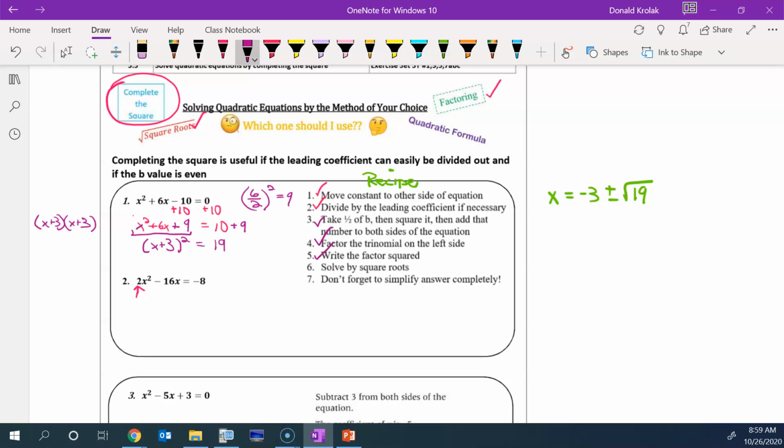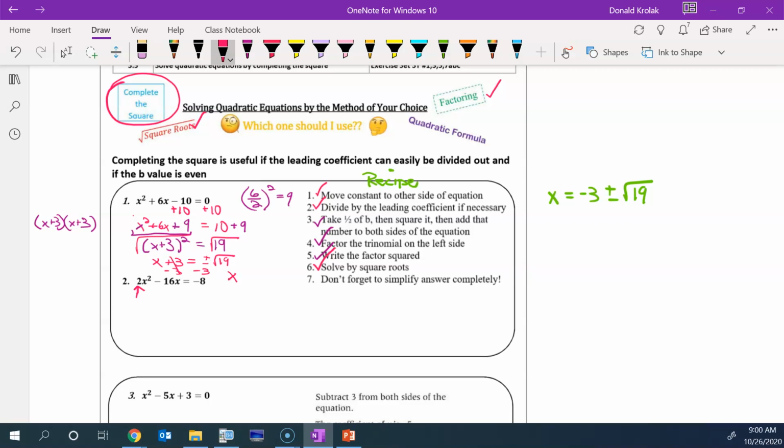Now let's take the square root. When you write the square root sign, there are two of them, plus and minus. Now we're going to solve for x.